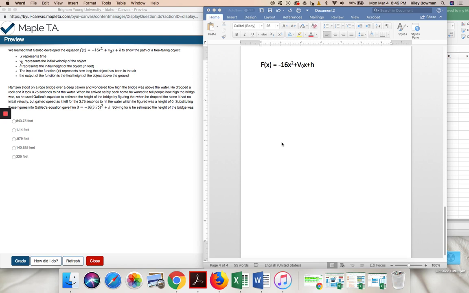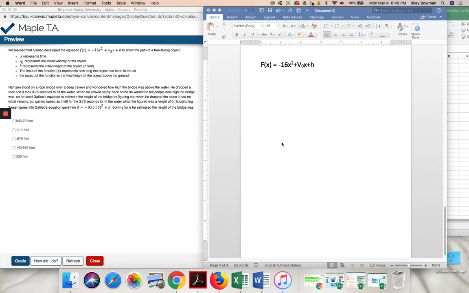So Ramzan stood on a rope bridge over a deep cavern and wondered how high the bridge was above the water. He dropped a rock and it took 3.75 seconds to hit the water. When he arrived safely back home, he wanted to tell people how high the bridge was. So he used Galileo's equation to estimate the height of the bridge by figuring that when he dropped the stone, it had no initial velocity because he just dropped it.